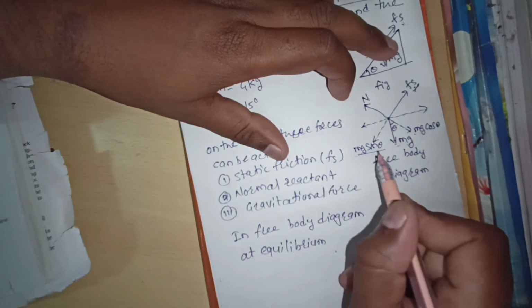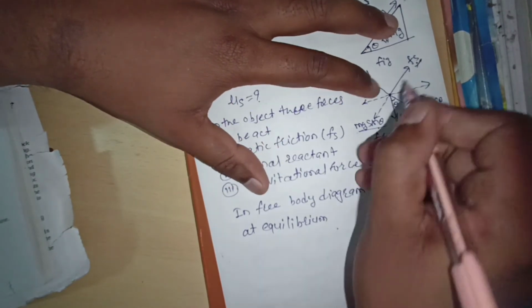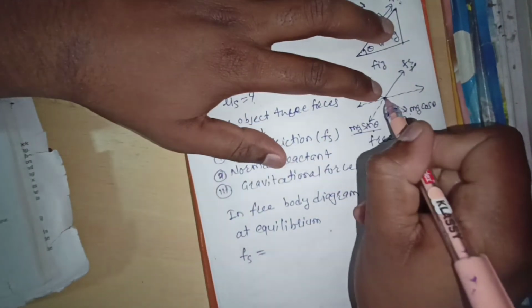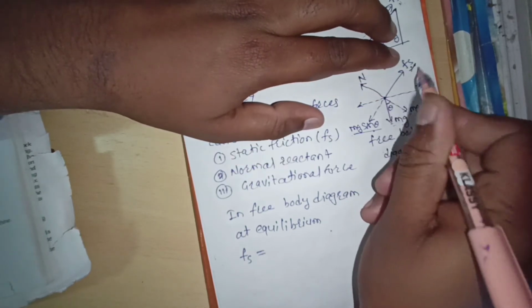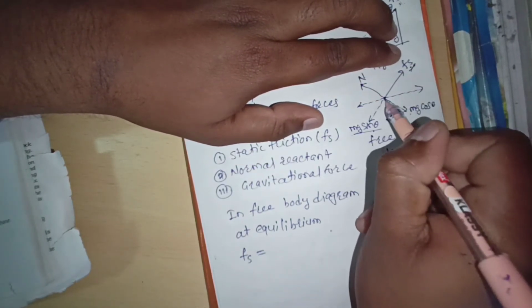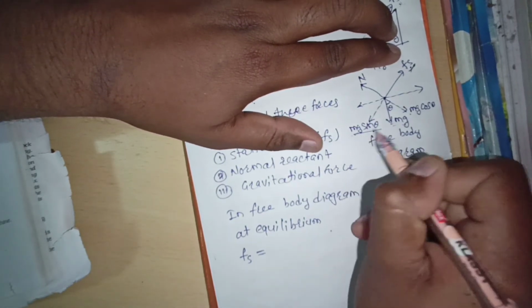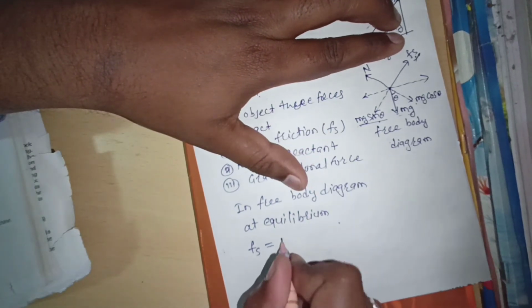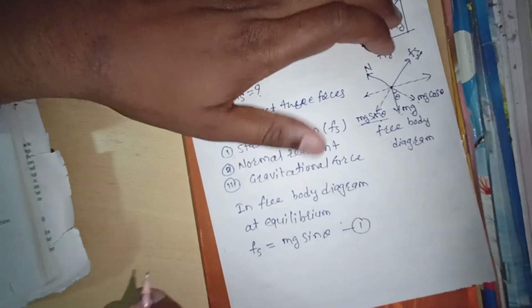So at equilibrium, Fs is equal to mg sin theta. This is equation number 1.